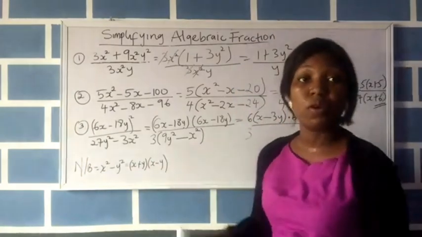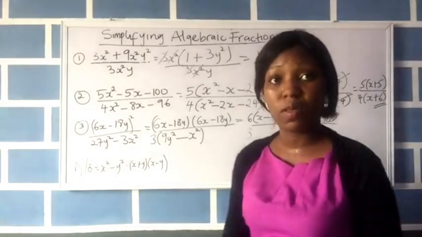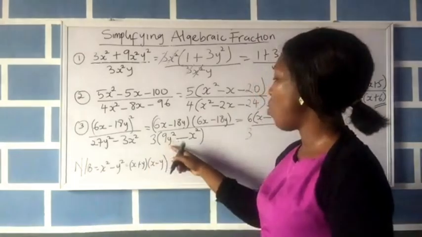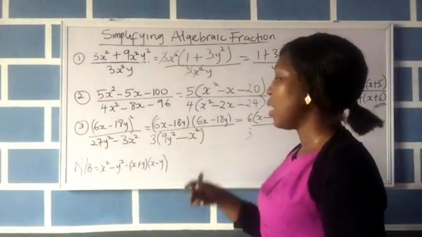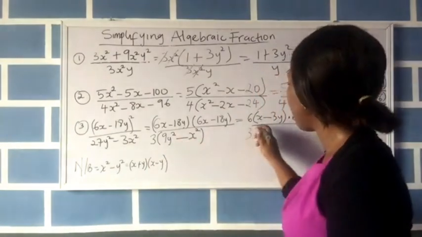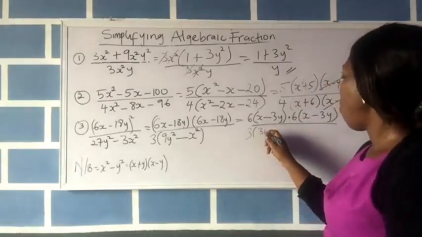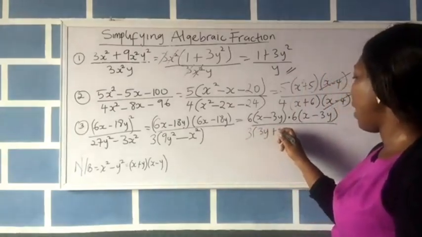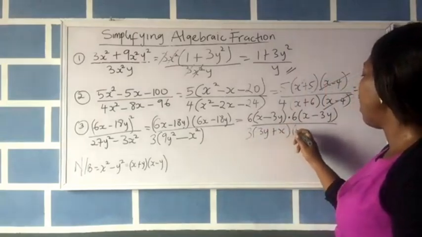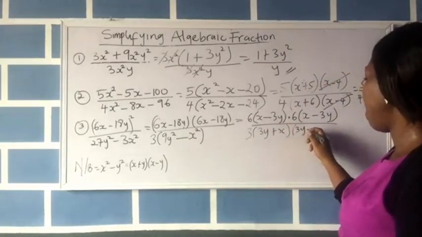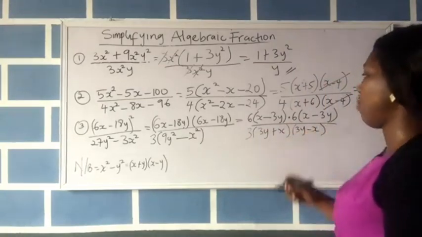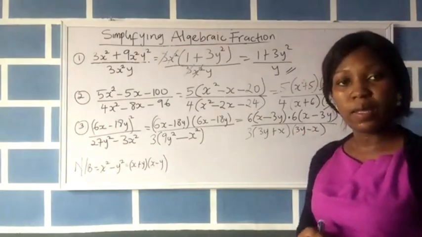Same thing with this, because they are a difference of squares. I have 9y squared minus x squared. It becomes 3y plus x, 3y minus x. Are you seeing that?